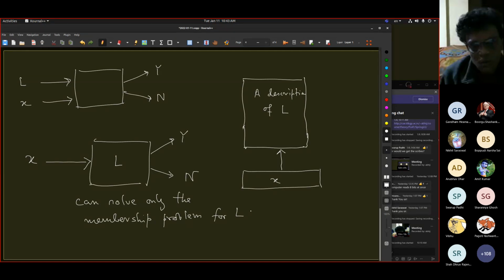If you use the same machine for minimum spanning tree computation, you write another program. So a single machine capable of solving all problems is definitely our ultimate goal, not machines like this that can solve individual problems.